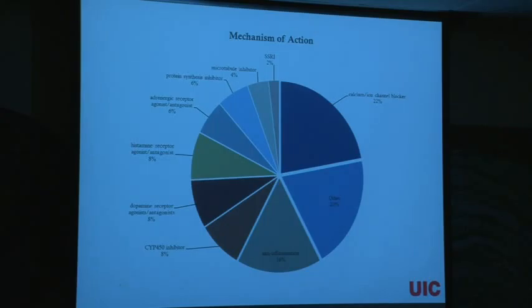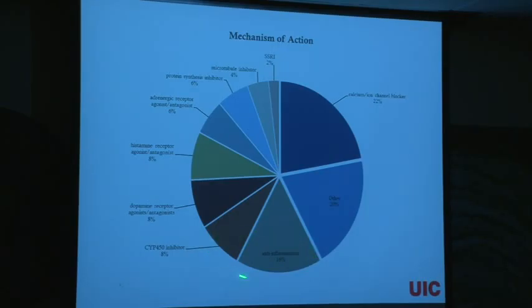And so we did what would be analogous to an ingenuity analysis, where we looked at the different pathways that the compounds affected, and somewhat reassuringly to us, we found that the biggest group, as you would anticipate based on the talks and things we've learned today, were calcium and ion channel blockers.